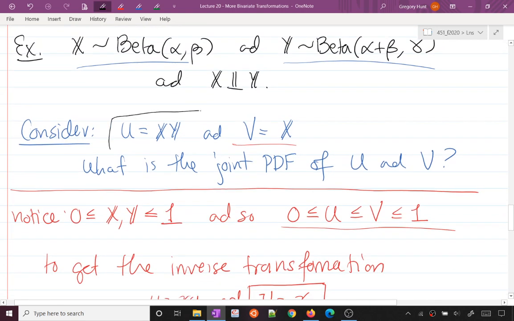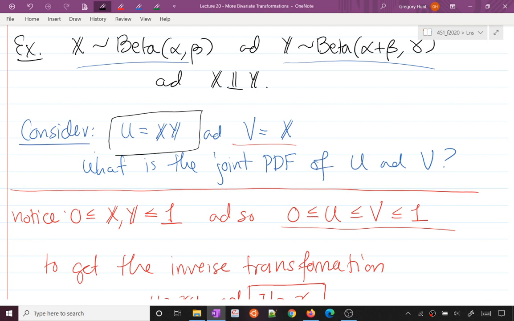So we had looked at x plus y, x times y, so you could actually get the marginal distribution of u, that would give you the distribution of xy, which would tell you what happens if I take a beta alpha beta and a beta alpha plus beta gamma and multiply them. So this is how you'll see these formulas out there. For instance, if I take two betas in these forms and multiply them, it gives me this other distribution. It turns out in this case it's another beta.